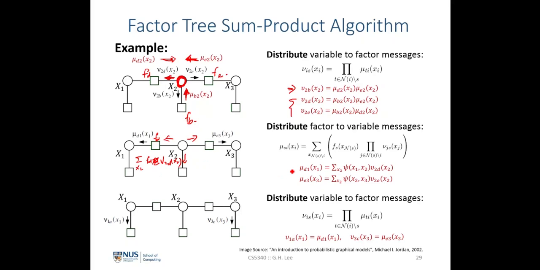So we can see that indeed this is the case, and you should verify for yourself that this is also true for the next message that we pass from e to 3. And once we are done over here, we will follow the same protocol to further distribute the message down to the leaf nodes, which happen to be factor nodes.